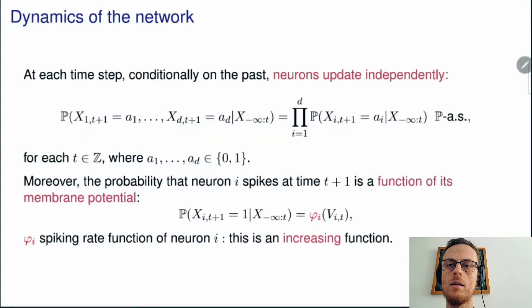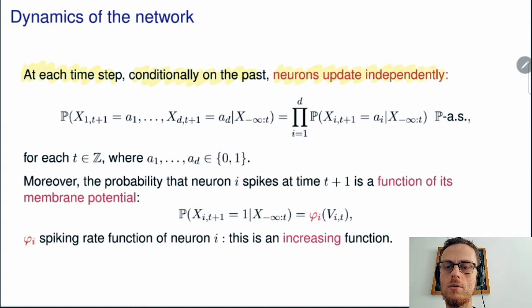Now let's talk about the dynamics of the network. The dynamics is as follows. At each time step, conditionally on the past, neurons update independently.